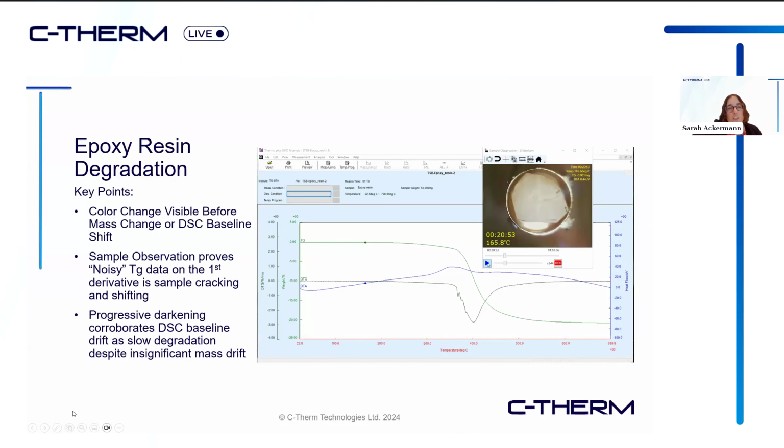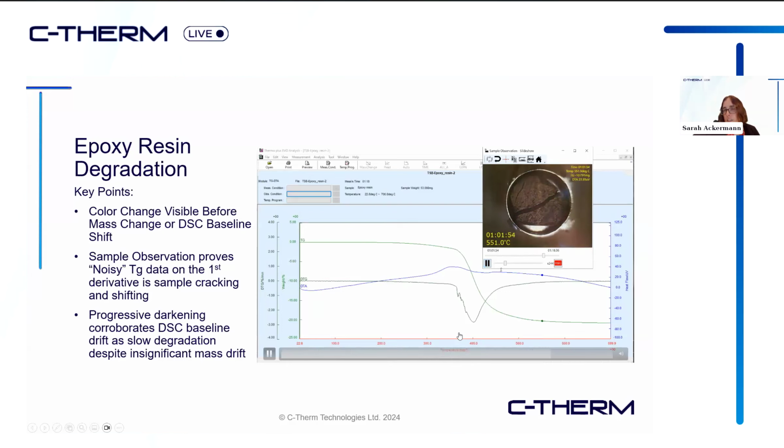We can watch the epoxy degradation in an STA with sample observation. On the DTG, which is the derivative of the TG signal, we can see what looks like a noisy event, which might make you think that we were observing a more complicated thermal behavior.